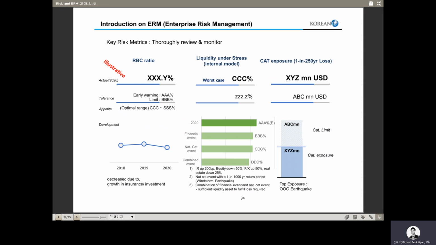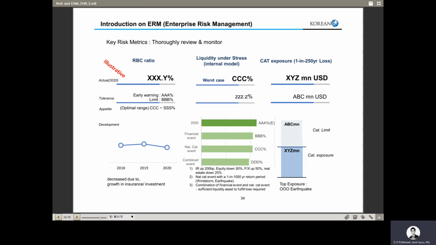Our key metrics introduction is as of the end of 2020. The RBC ratio is in a stable range, the optimal range that we are pursuing, and liquidity under stress, using our internal model, in the worst case is far over our minimum level, so it's still very stable.